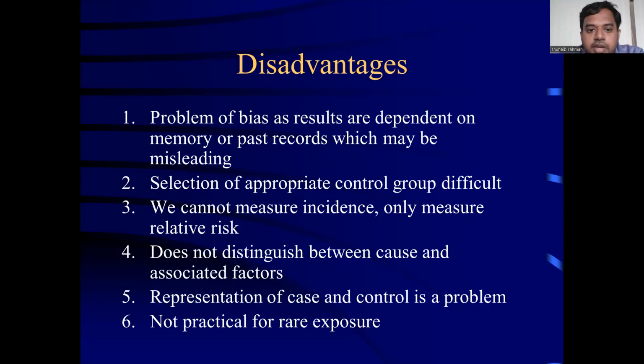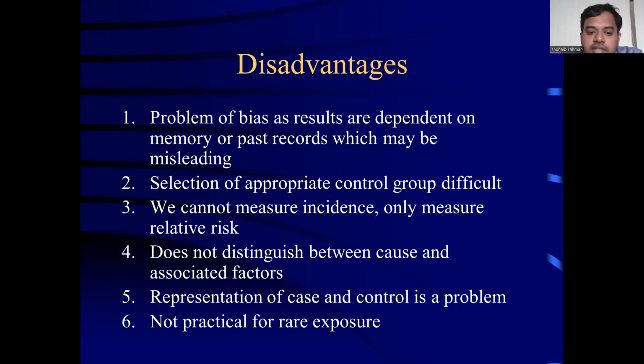And coming to the disadvantages: problems of bias, as results are dependent on memory or past records, which may be misleading. That we have already mentioned in the limitations of the case control study. Selection of an appropriate control group is difficult. Sometimes there will be difficulty in selecting a control group, particularly if the disease is very prevalent in the community, because subclinical cases will be more.